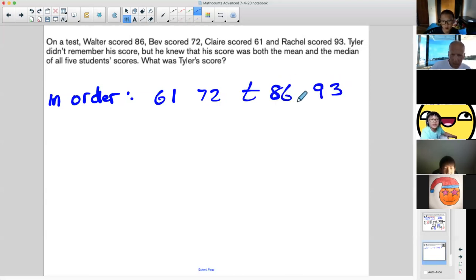It's in the middle of 72 and 86. Okay, so we know that it's in the middle if I put those in order, correct?